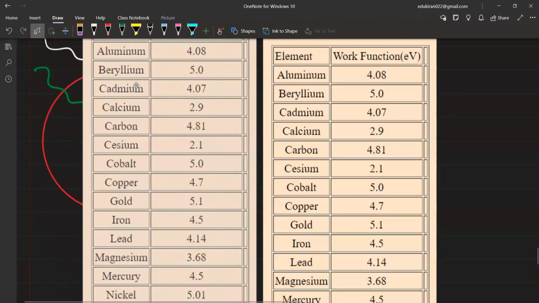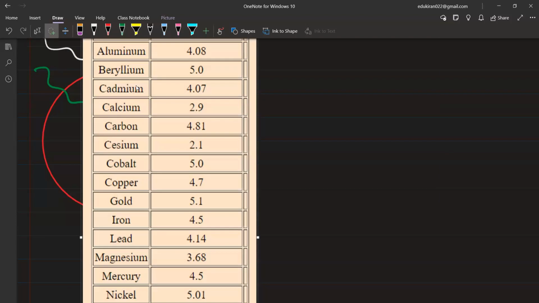Okay, I'm hiding this atom because we don't need it right now. And I will take a few elements from here: beryllium, calcium, and magnesium, and that's it. Now, can I arrange them in order of which requires the most amount of energy to the least?